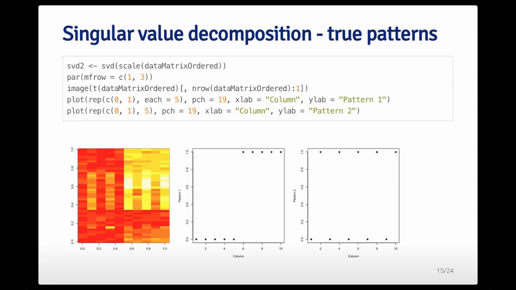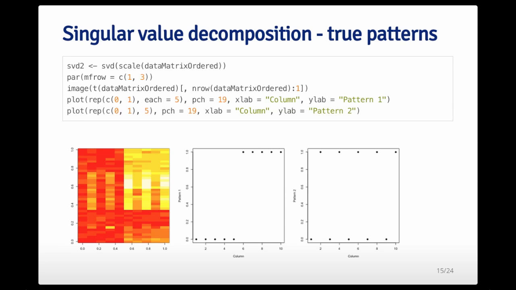If we plot what the truth is, in the middle plot here, the first 5 columns have a lower mean, and the second 5 columns have a higher mean. That's the first pattern. The second pattern shows that the first column has a mean of 0, the second column has a mean of 1, the third column has a mean of 0, and the fourth column, etc. So there are 2 patterns here: one is this shift pattern, and the second is this alternating pattern.